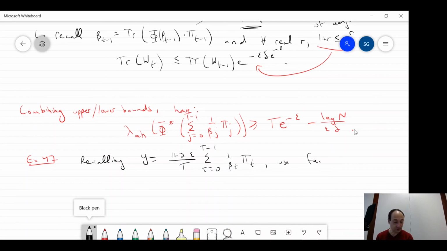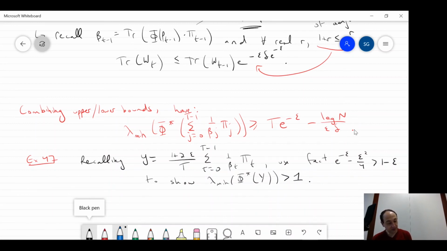So now you have to use the fact that e to the minus epsilon, sorry, this should be an epsilon here, minus epsilon squared over 4 is strictly smaller than 1 minus epsilon, to show the last thing we want, which is lambda min of phi star of y is at least 1. Okay.